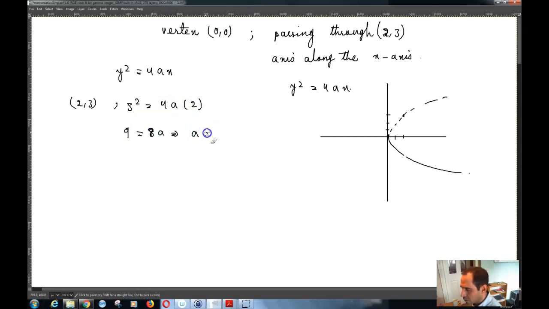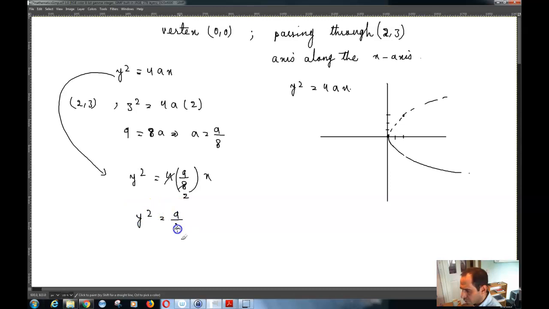So that means that a is equal to 9/8. So you can write y squared is equal to 4 times 9/8 times x, and that's a 2. So y squared is equal to 9/2 x. Or you can write this as 2y squared is equal to 9x. Number 11 is 2y squared is equal to 9x.